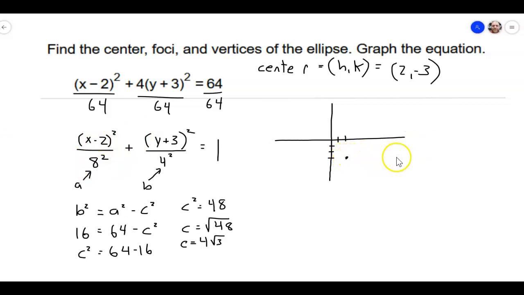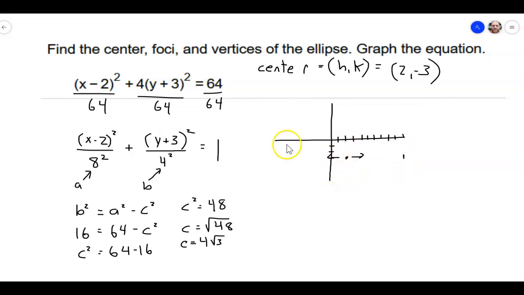That means we're going to go 8 units this way and 8 units that way in order to find basically the right and left end of this ellipse here. So if you take this value 2 and you add 8 to it, that's 3, 4, 5, 6, 7, 8, 9, 10. So it's going to go through this point here.